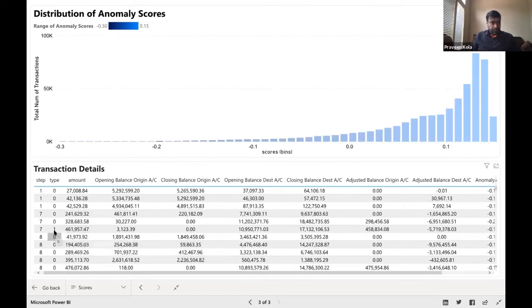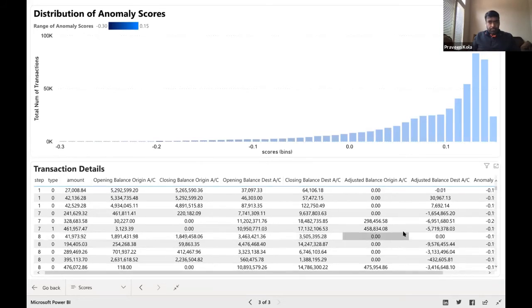Here, let me pick up this one. This happened at the 7th hour of a given day of transactions. The amount you are transferring is about $461,000, and this $461,000 is not being properly transferred. There is a lot of negative balance or error balance.